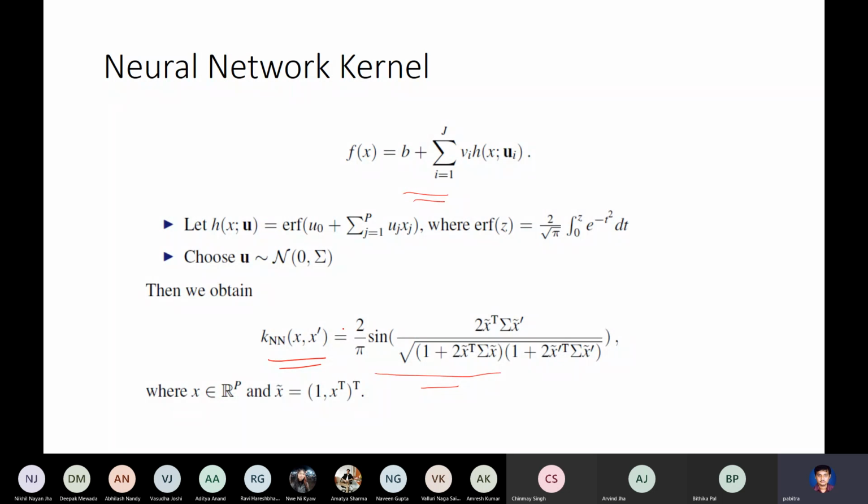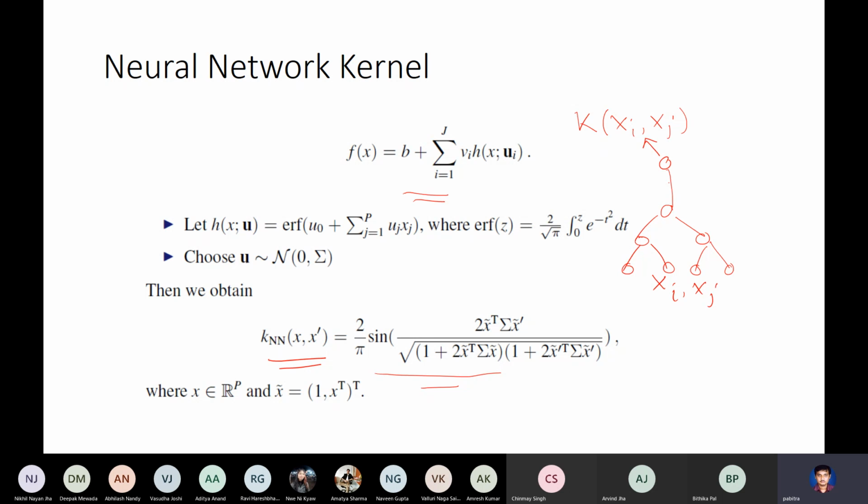What is the best kernel function between xi and xj is computed by a neural network whose input is xi, xj. You give this input, you train a network, and this gives you k of xi, xj. Instead of fixing a functional form, you compute it using a neural network.